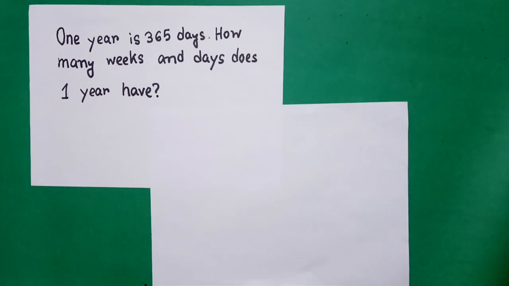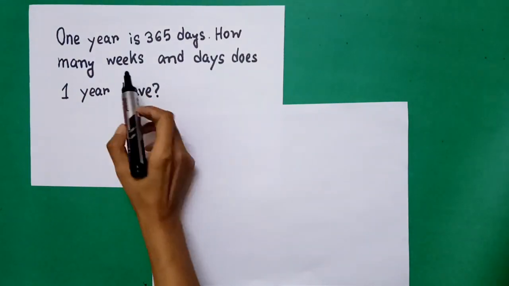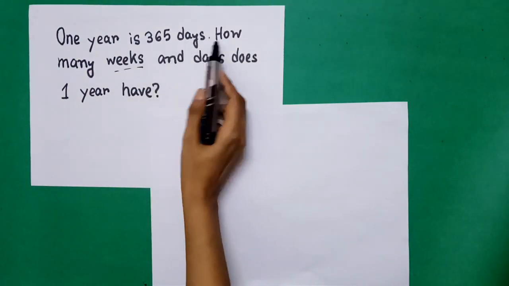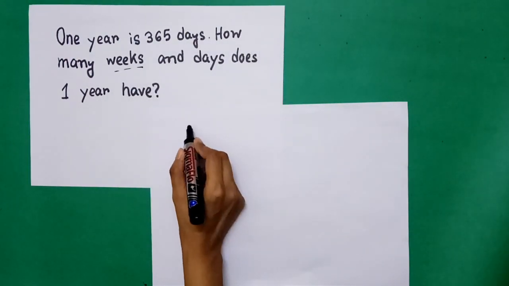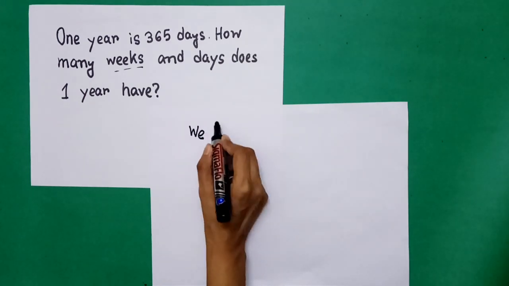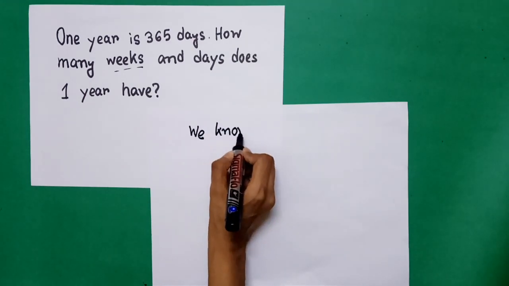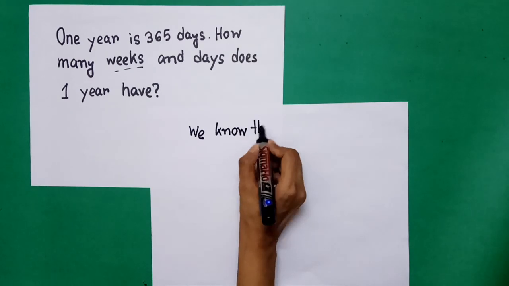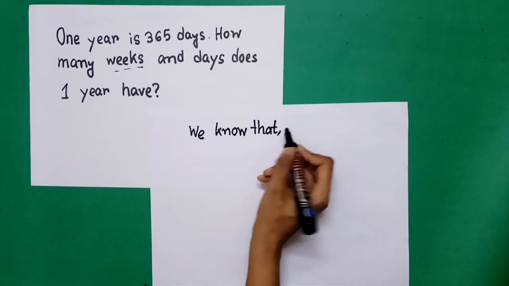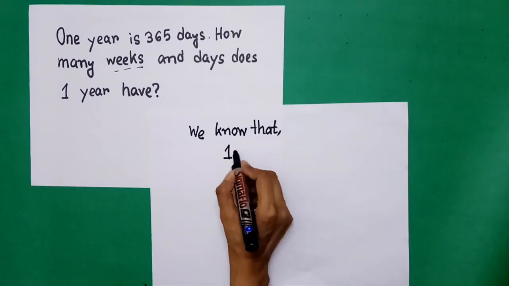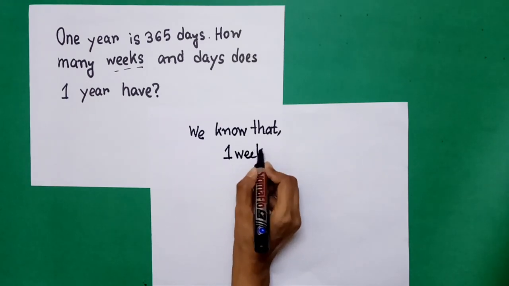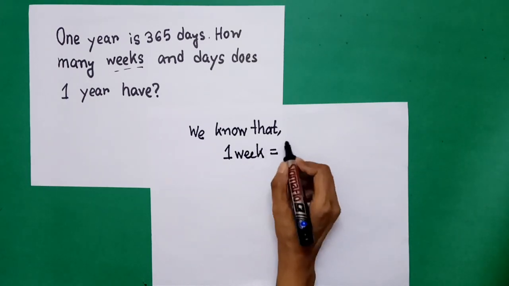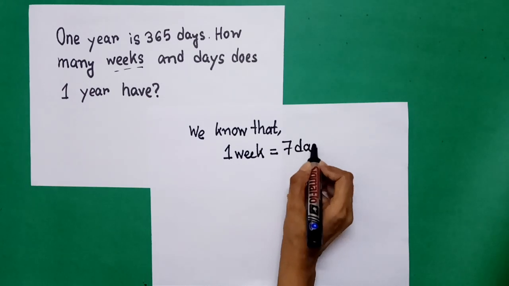Then we know, what is the relation between weeks and days? We know that one week is equal to 7 days.